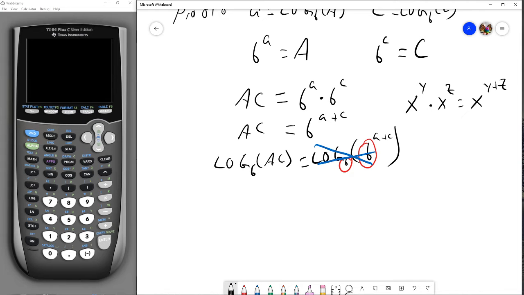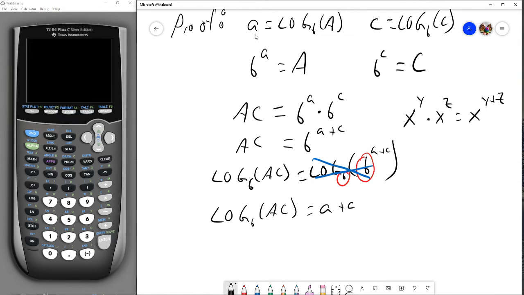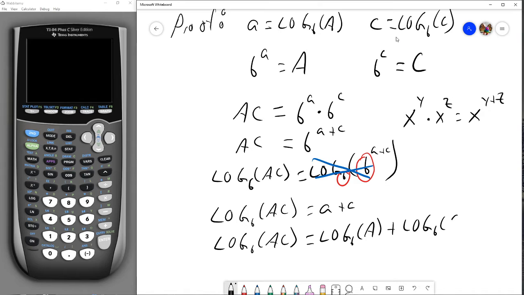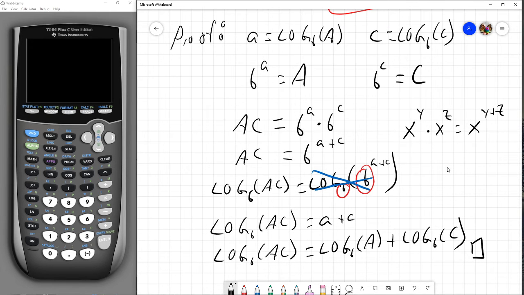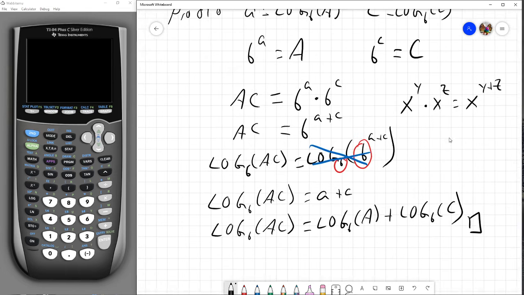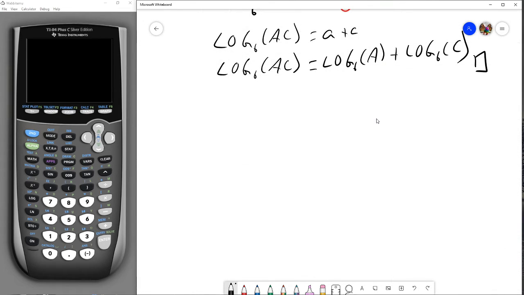You get log base b of ac is equal to a plus c. If we look up here, a is equal to this log, and c is equal to this log, so log base b of ac is equal to log base b of a plus log base b of c. That is what we needed to demonstrate, so proof done. That is our second law of logs. There is one more, and it will look very similar.